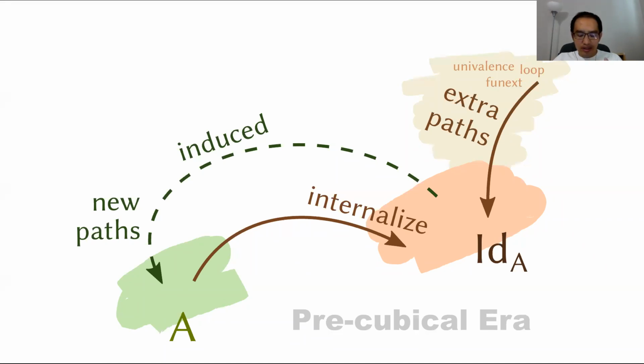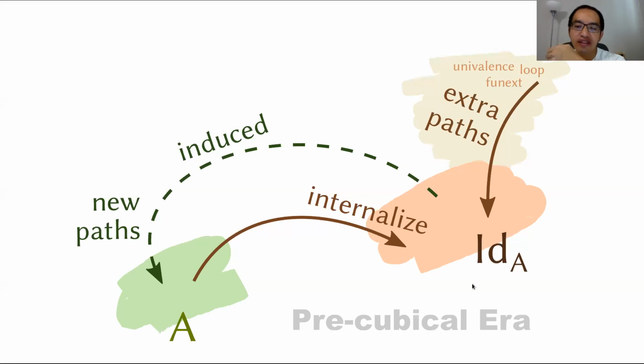In the non-cubical homotopy type theory written down in the HoTT book, you don't have a mechanism to add those paths directly into the type A. So A is something that we want to throw some new paths into. How can we do that?